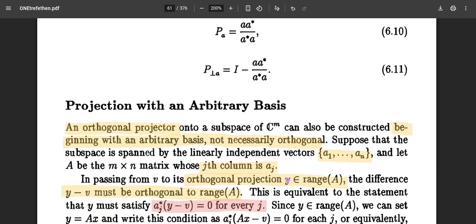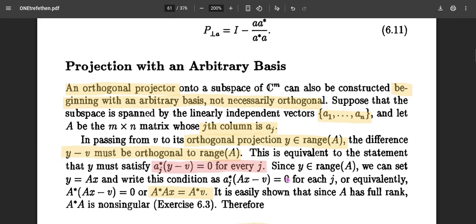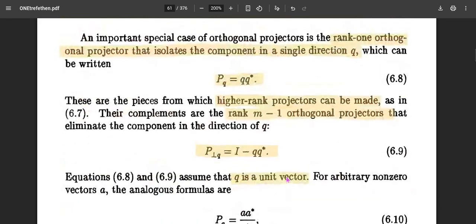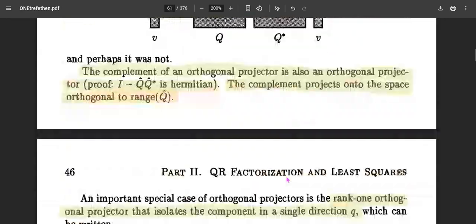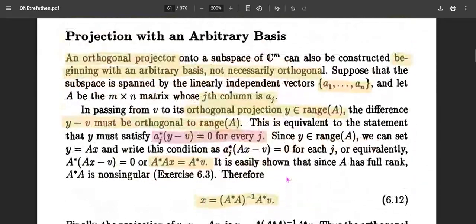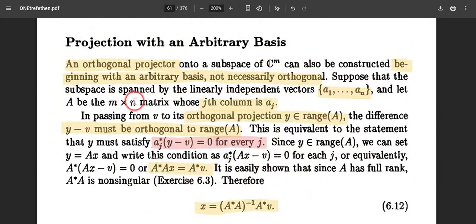So projections can also be orthogonal projectors using an arbitrary basis. Previously, we saw the projector can be formed using Q Q transpose. Now from an arbitrary basis, we have arbitrary independent vectors.